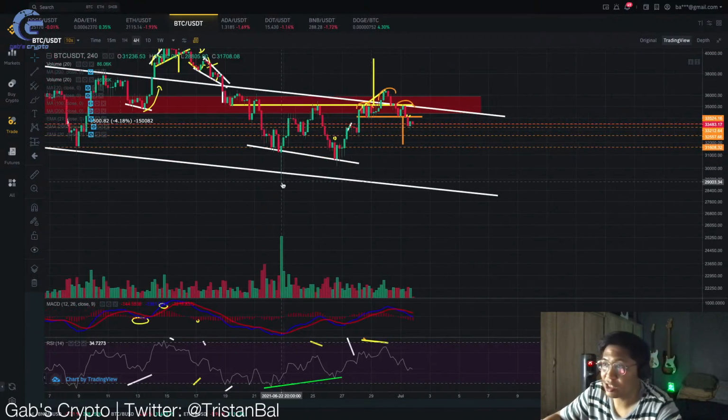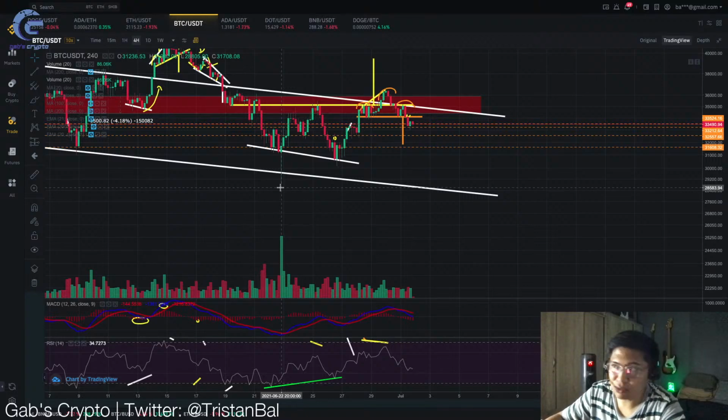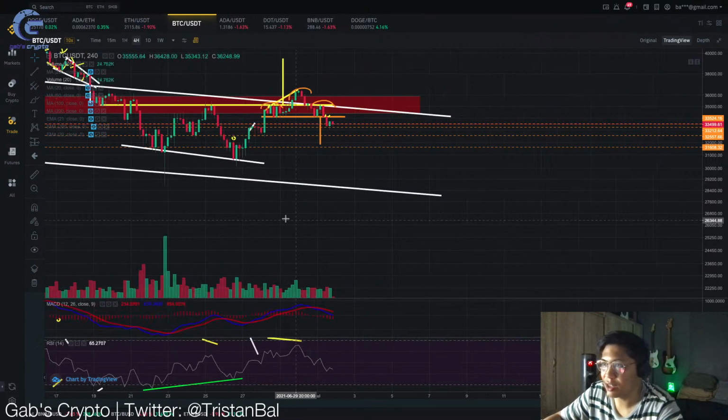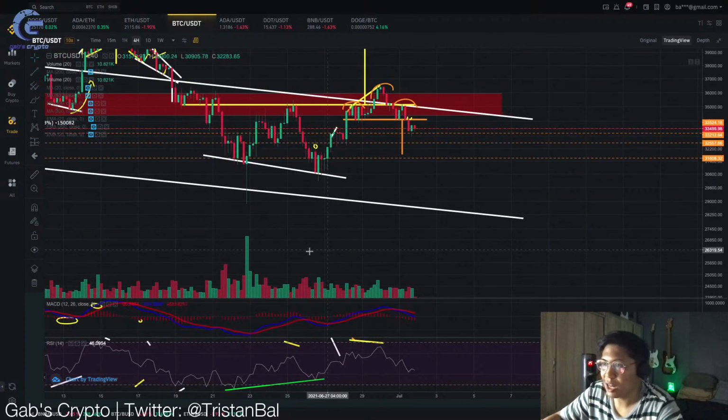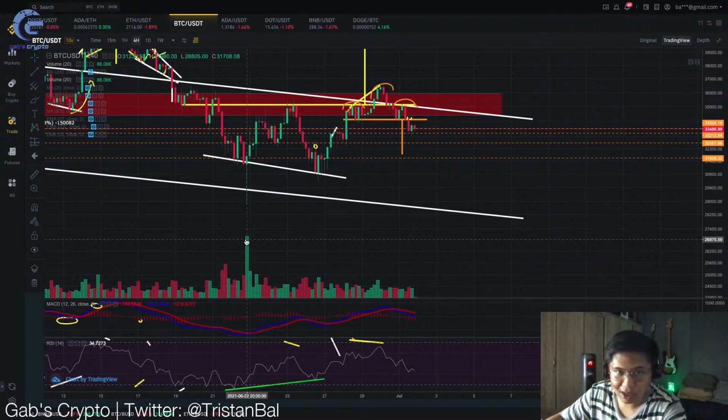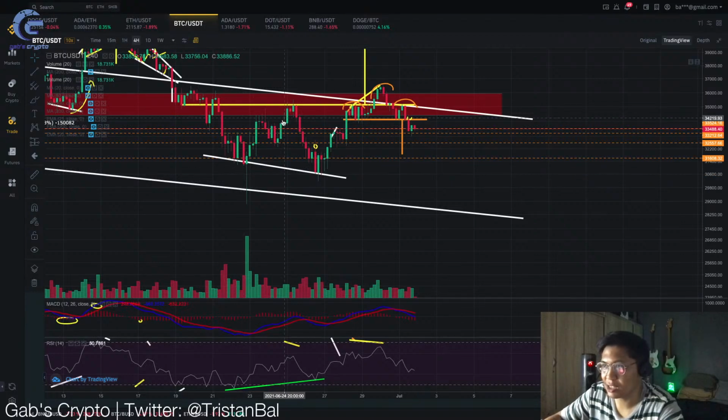Sabi nila, babagsak na si Bitcoin to 20K nung nakita natin bumagsak below the 30K level. Pero nakita mo, malakas yung kanyang buy volume dito. Naging green siya, so that means mas maraming nagbabuy ngayon. So maraming buy volume, more likely na tumaas yung price natin kasi mas maraming buyers. Pero if mas maraming red, marami nag-sell.